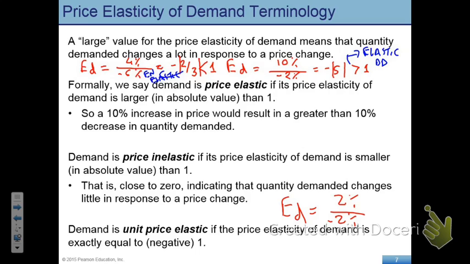For a 2% decline in price, your quantity demanded increases by exactly 2%, so it's going to be like -1. So if we look at the absolute value, which is equal to 1, we call it unit elastic. Okay? Unit elasticity is when the price elasticity of demand is exactly 1, ignoring the negative sign.